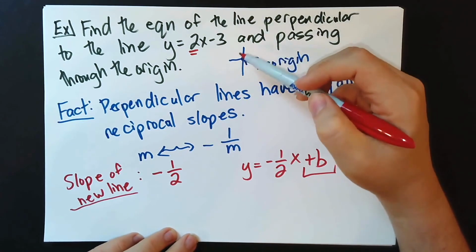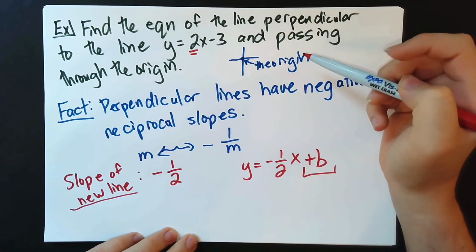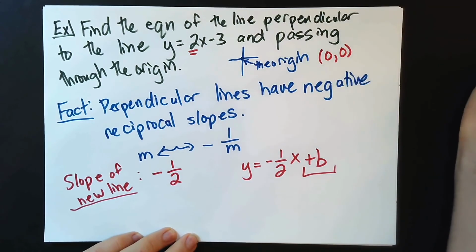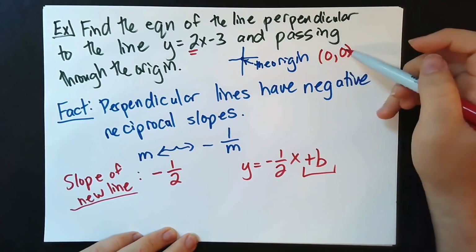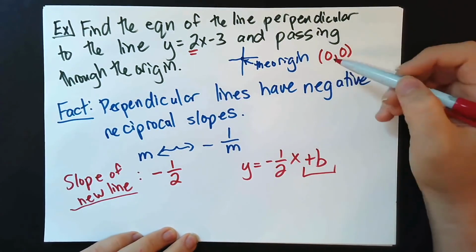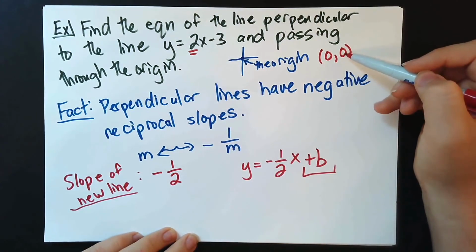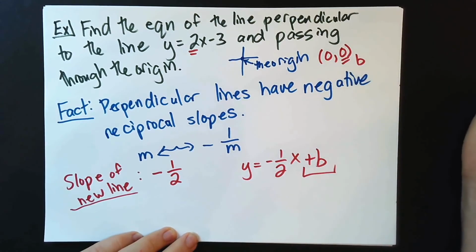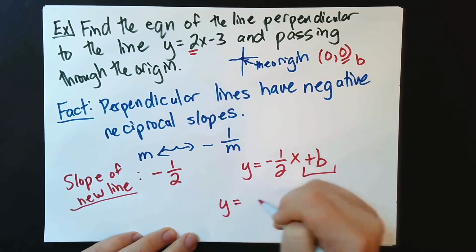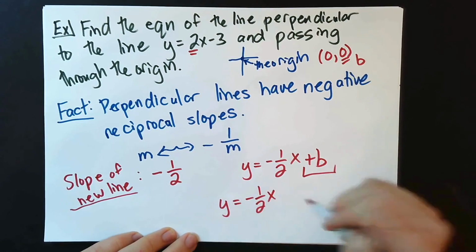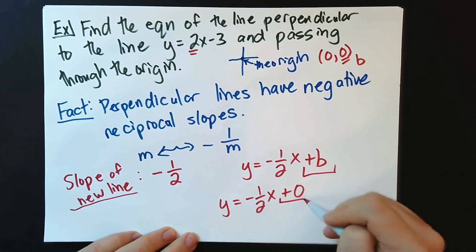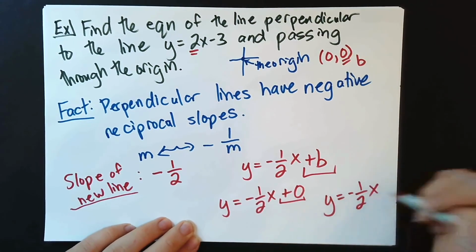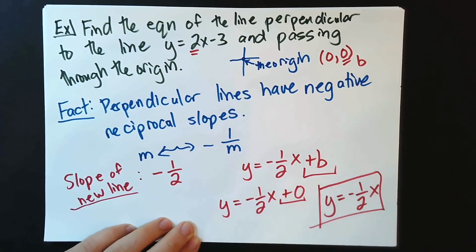Well, this is on both the x and y axis, so both the y and x coordinates are 0. The origin is just the point 0, 0, which is probably what you thought of when I said the origin. So in particular, the origin is the y-intercept, and so this 0 here is b. And so the equation of my line here is y equals minus 1/2 x plus 0, although adding 0 doesn't do anything, so normally we just write y equals minus 1/2 x, box that in, and call that good.